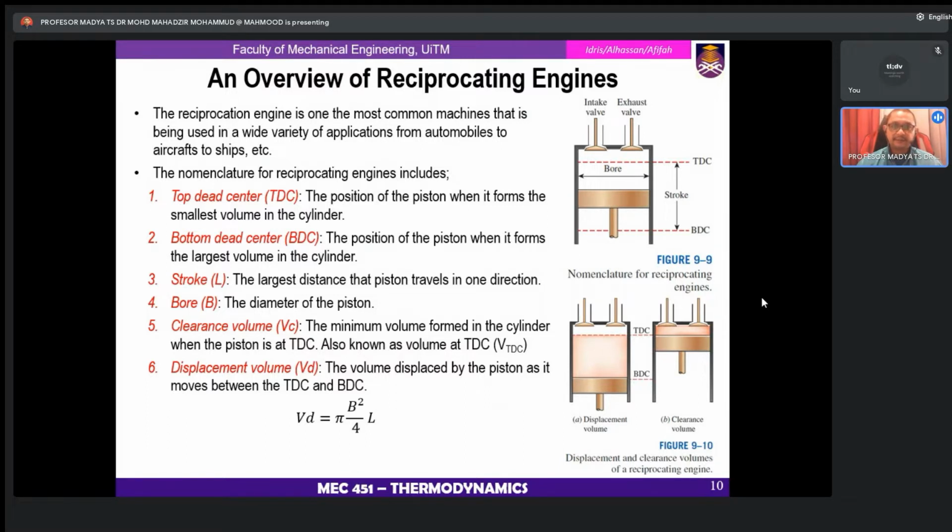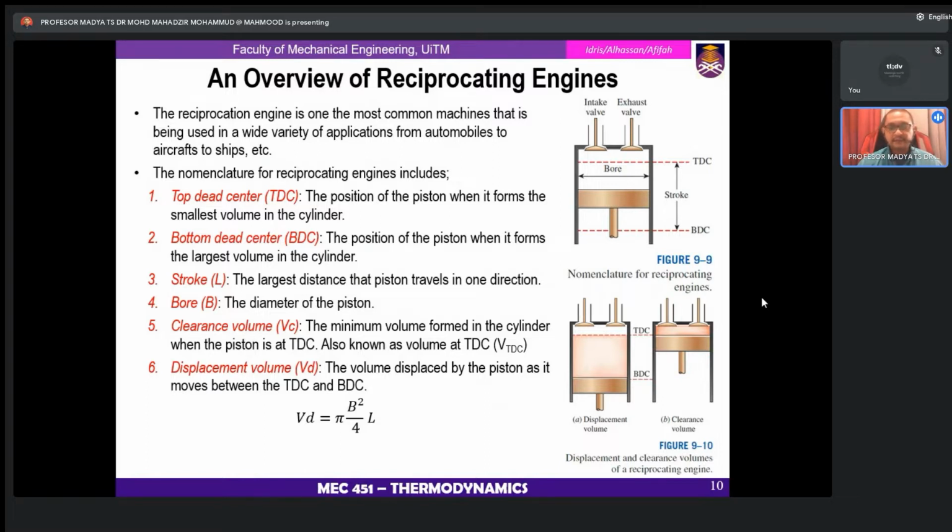That means it is widely used in applications from automobiles to aircraft, and for the big, huge engines in ships. So before we go further on these reciprocating engines, there is some nomenclature you have to know first.